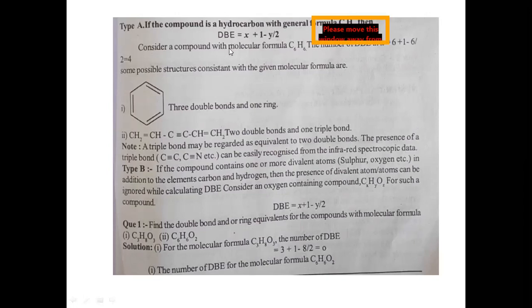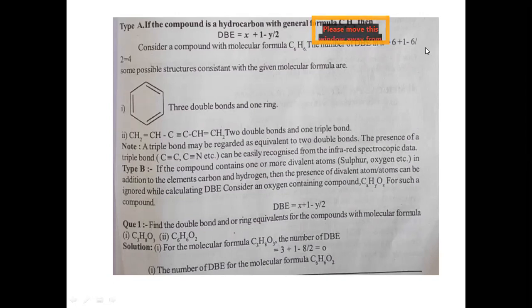To calculate, this is the molecular formula of the compound CxHy. Now how to calculate the double bond equivalence, or number of unsaturation in the compound? It is x plus 1, where x is the number of carbon atoms, minus y upon 2. y means number of hydrogen atoms.